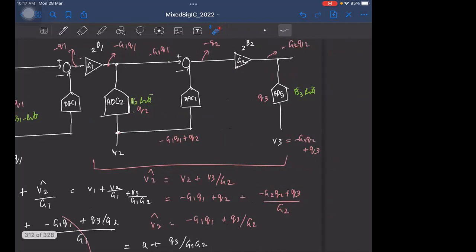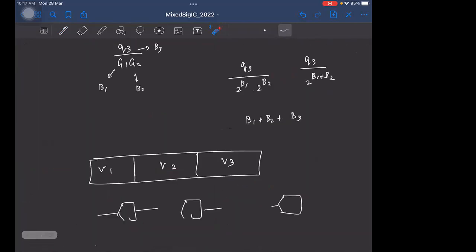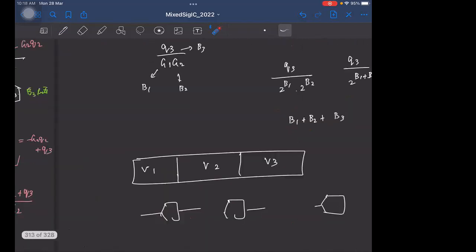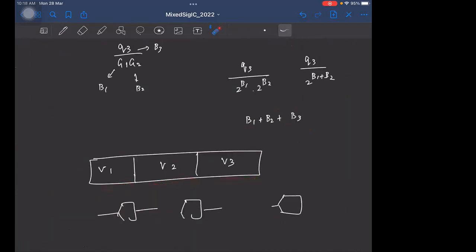So overall, when the quantization noise gets divided by the product of these 2 gains, it turns out that this corresponds to an ADC with B1 plus B2 plus B3 bits of resolution. And the way to combine the 3 ADC outputs is also trivial in this case. All you have to do is concatenate the 3 ADC outputs, right? So this is the ideal operation.